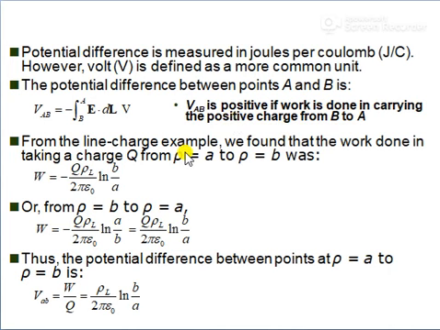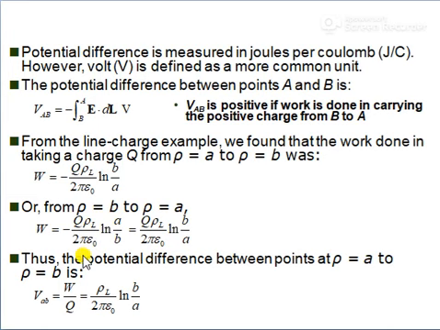Now from the line charge example, we found that the work done in taking a charge q from rho equal to A to rho equal to B was W is equal to minus q rho L by 2 pi epsilon naught log of B by A. Or from rho equal to B to rho equal to A, we get W is equal to q rho L by 2 pi epsilon naught log of A by B, or you can write it as q rho L divided by 2 pi epsilon naught log of B by A. Both are equal.